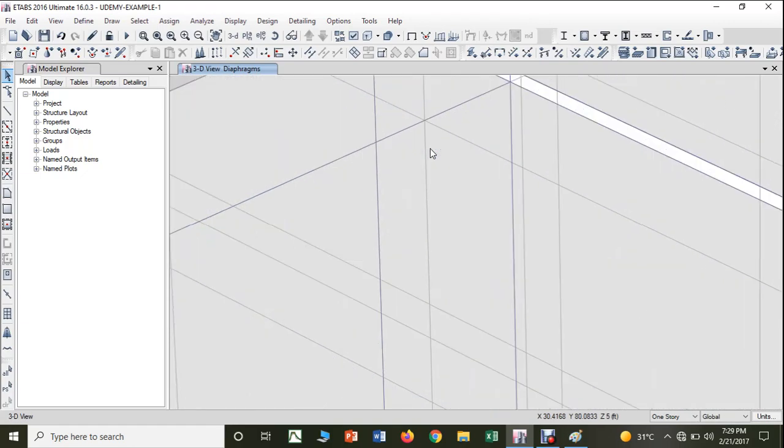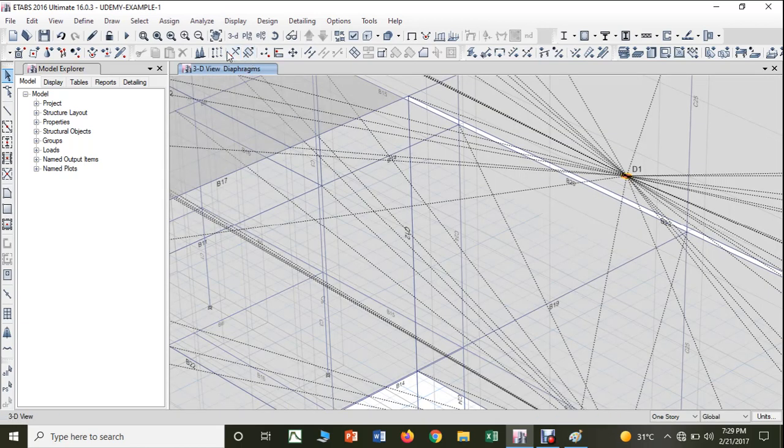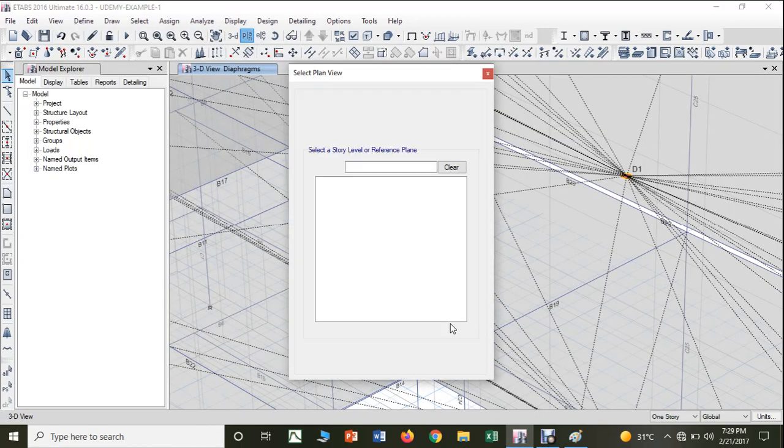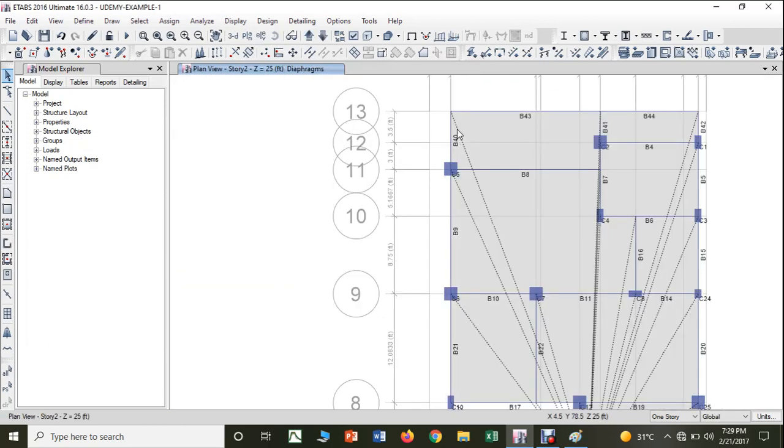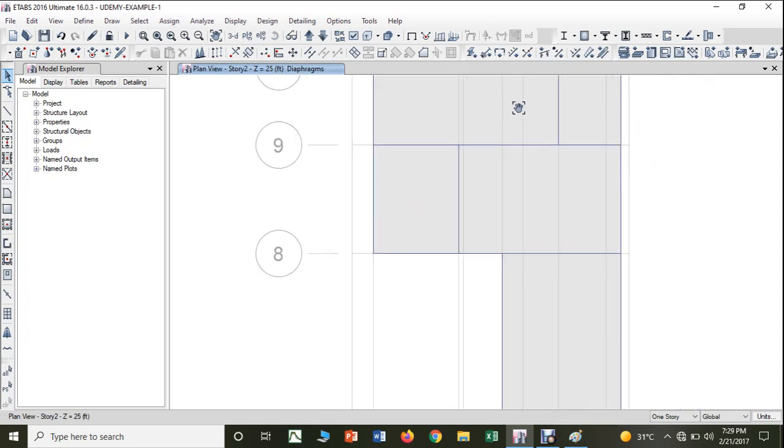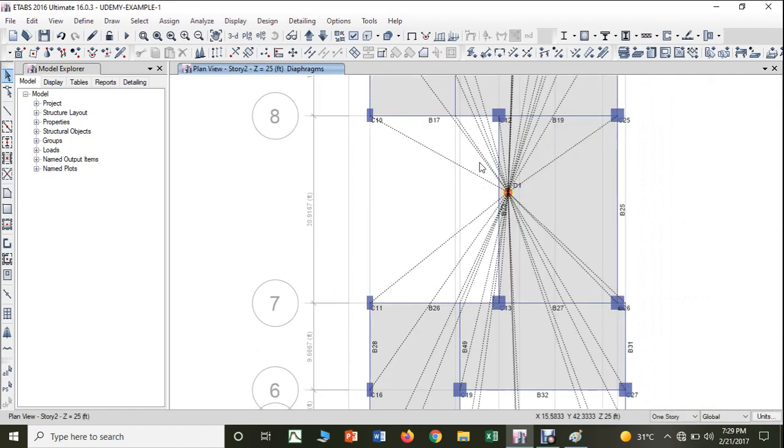if I go to plan, it will be very clear to you. You can see that from each and every corner of the slab, everything will be concentrated at the center, what we call the center of mass of the structure. So this position of the diaphragm will vary depending upon the plan.